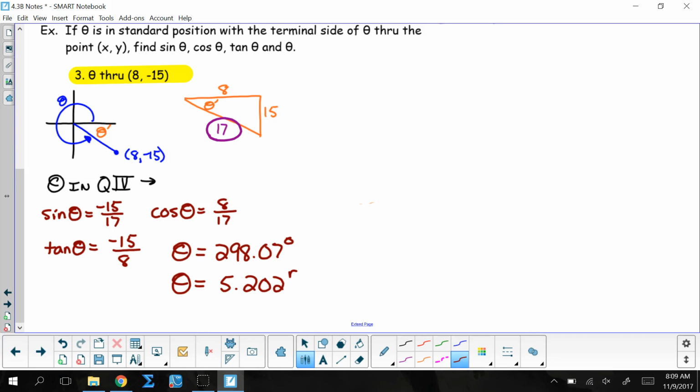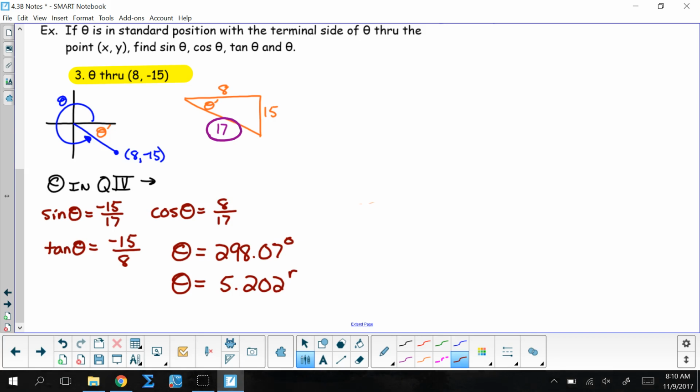And it is. Okay? Using the Pythagorean theorem, 8 squared plus 15 squared, or -15 squared really, and then I take the square root of that, gets me 17. So then my sine would be -15/17. My cosine would be 8/17.